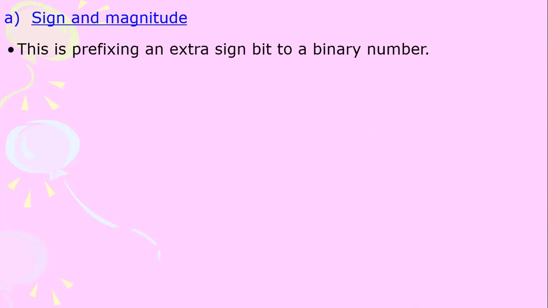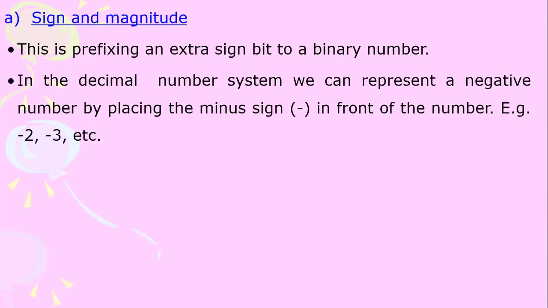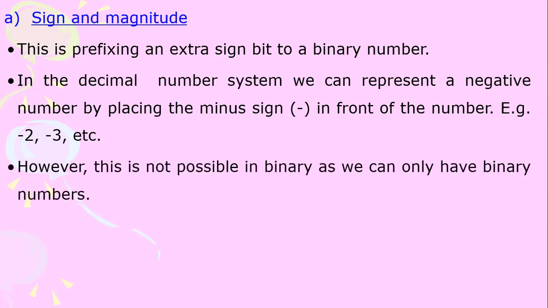Let's look at sign and magnitude. This is prefixing an extra sign bit to a binary number. In the decimal number system, we can represent a negative number by placing the minus sign in front of the number. For example, -2, -3, etc. However, this is not possible in binary, as we can only have binary numbers.